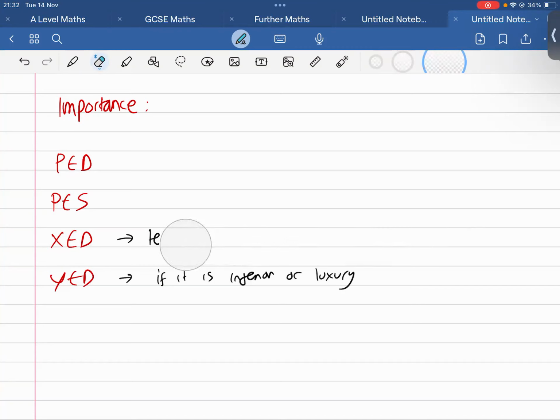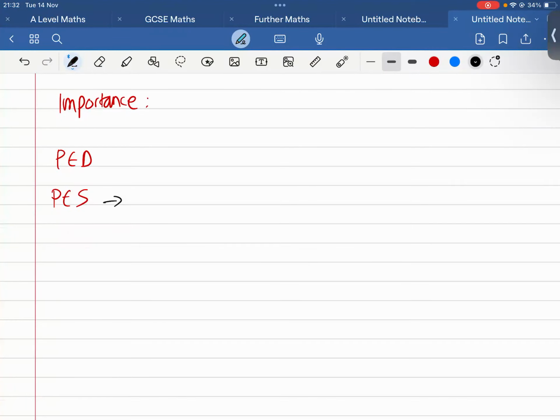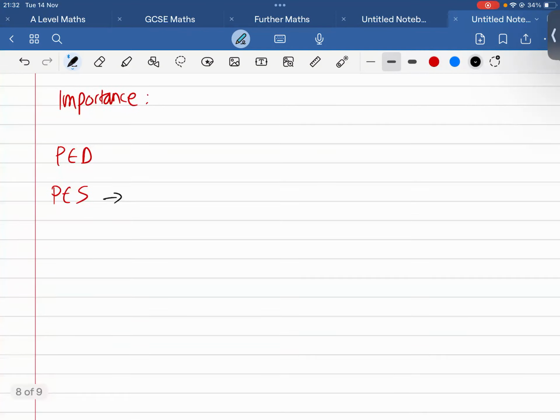Okay. Cool. So PED and PES are more interesting. So PES, what did that tell us? When we were talking about PES, what were the examples that we were going through? It was about the taxi driver or the restaurant. What would happen if price went up? Would they be able to sell more, or would they struggle to sell? With the taxi driver, even if the price went up, he would struggle to get more money because he can only work a set amount of hours.